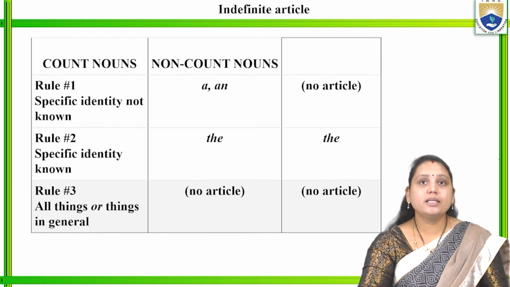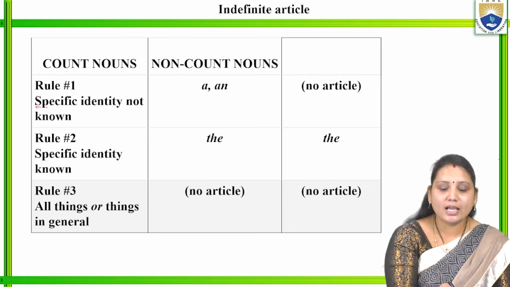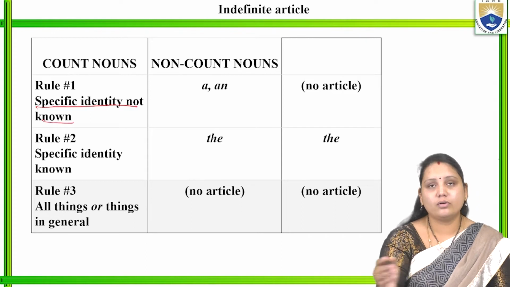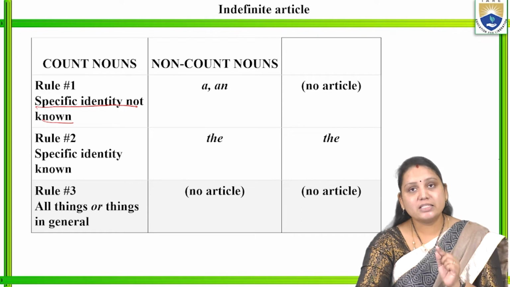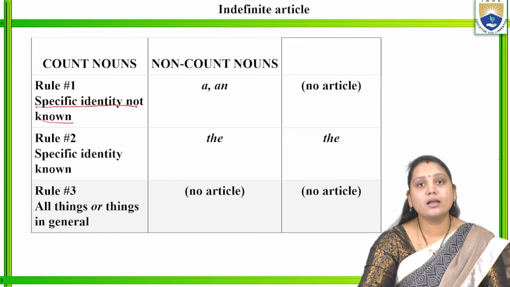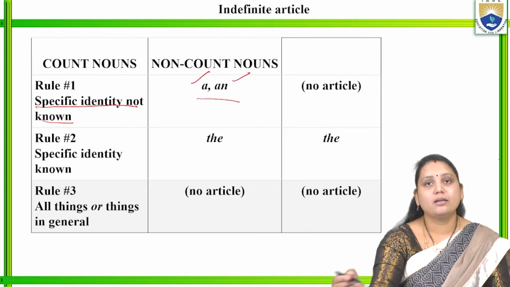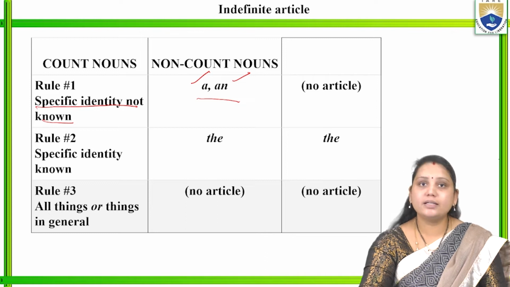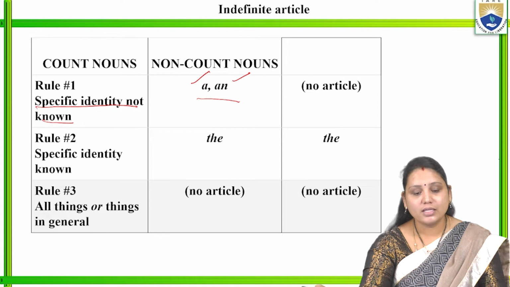Next. Just see this. Rule 1 to specify count nouns. Specific identity not known. When it comes to this, what are the articles? A and an. Here, specific identity is not known and they are completely in the singular form.